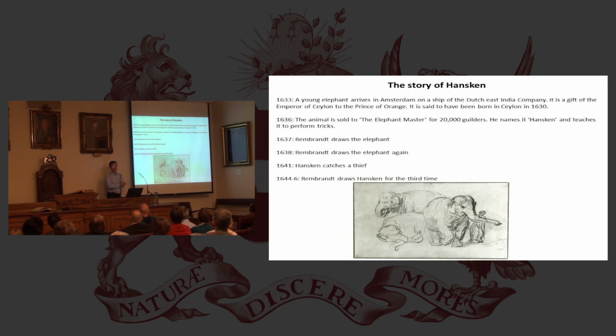Hansken catches a thief. This was an account that is in the literature. One of these great gatherings where people paid to come and see Hansken do her tricks. The elephant master, a woman cried out in the middle of the crowd, "Somebody's stolen my belt." And the elephant master said, "Don't worry, madam, Hansken will catch the thief for you."